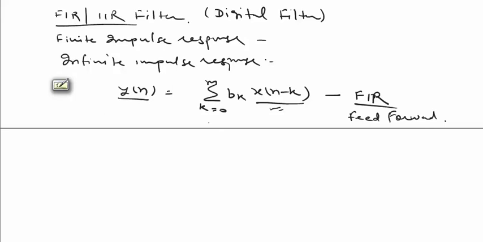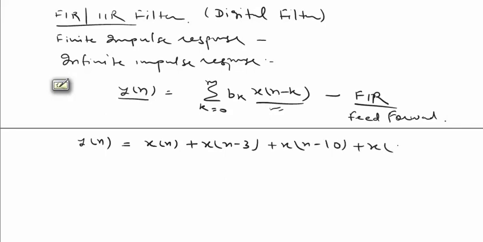For example, if a filter consists of y[n] equals x[n] plus x[n minus 3] plus x[n minus 10] plus x[n minus 50], using previous values of input only, it will produce FIR. An FIR filter is more stable than an IIR filter, but less effective.